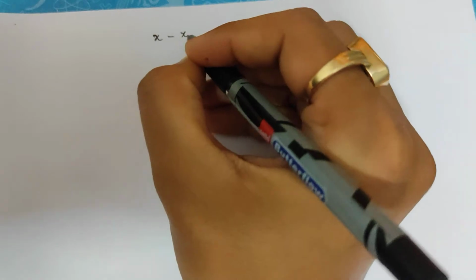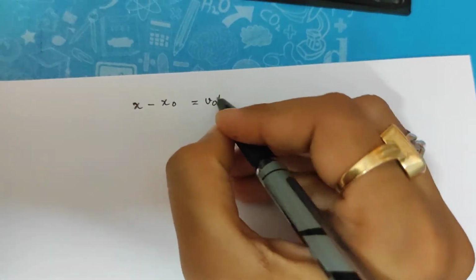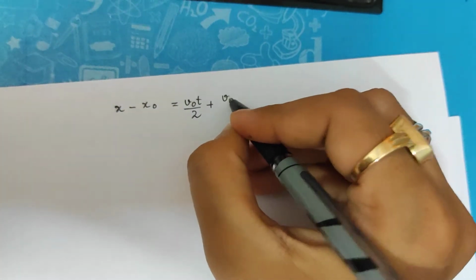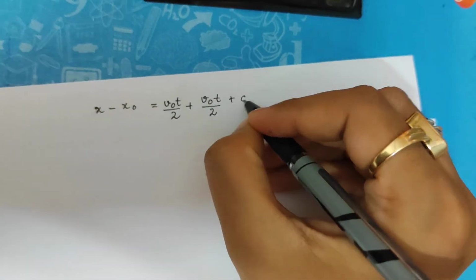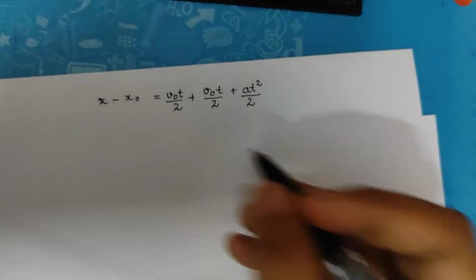And now what will we get? On solving this further, we will get x minus x naught is equal to V naught t by 2 plus, now we'll again get V naught t by 2 plus a t into t will give us t square by 2.